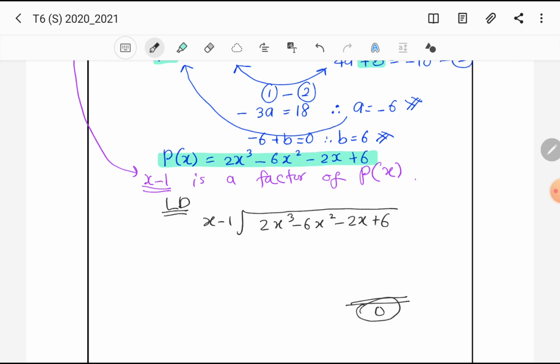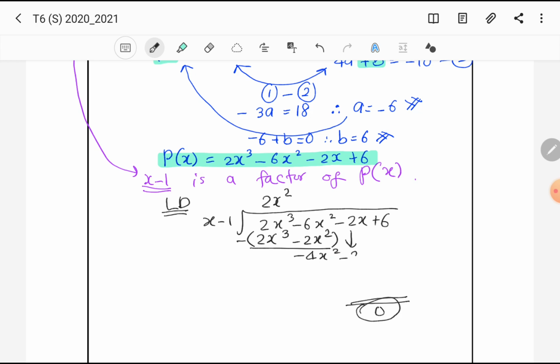Wajib sama dengan kosong lah. Because we divide by its own factor. Okay, so we divide using long division. So we will get 2x squared, 2x cubed minus 2x squared. We subtract. So we will get negative 4x squared.